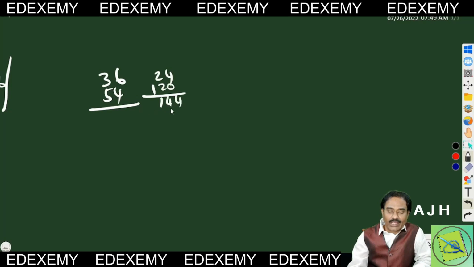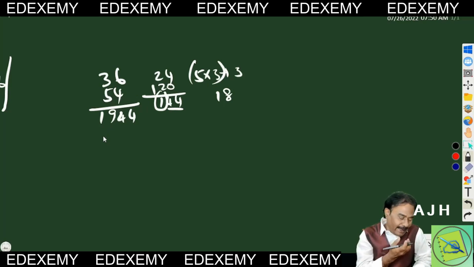Here you take 44 right here, 1 carry forward. 5 into 3 plus 3 is 15 plus 3 is 18. And the carry forward 1 you add. 1944 is the answer. Like that you can quickly find it from this trick.